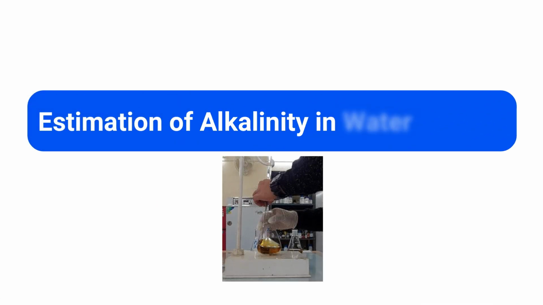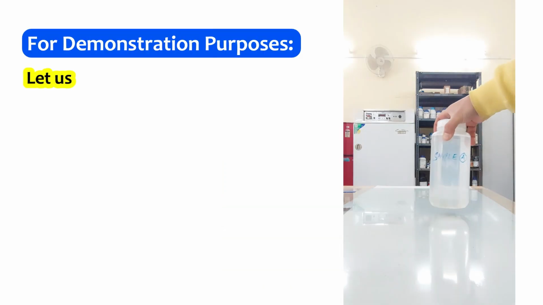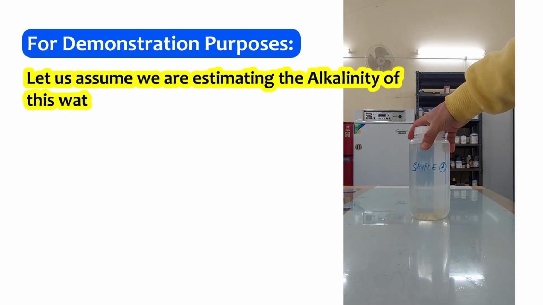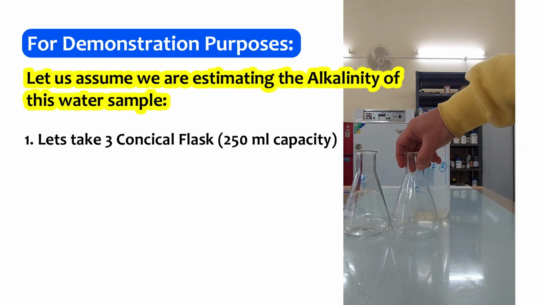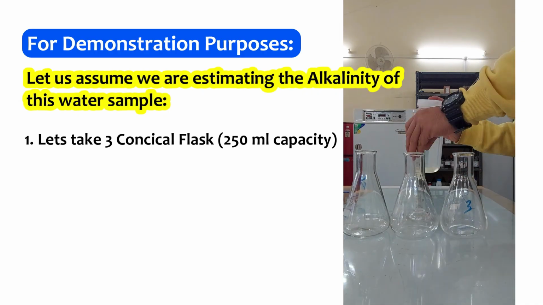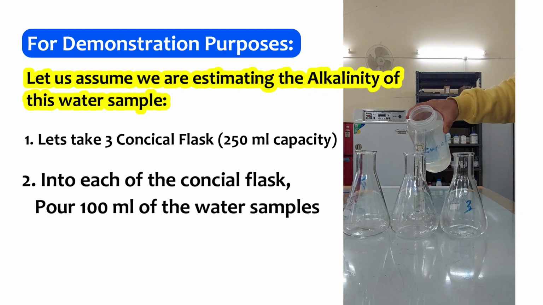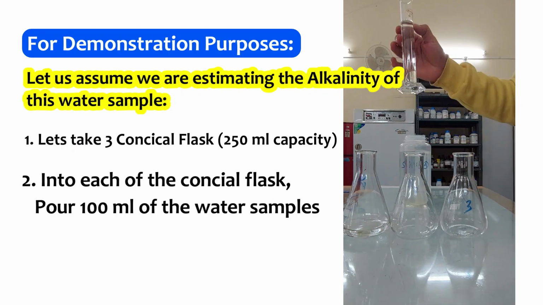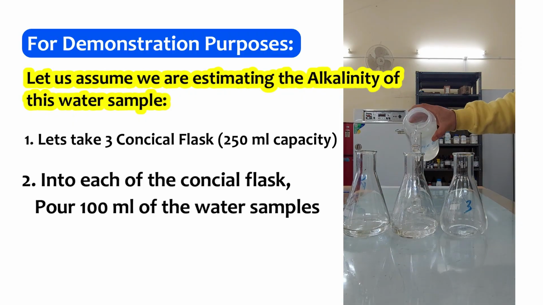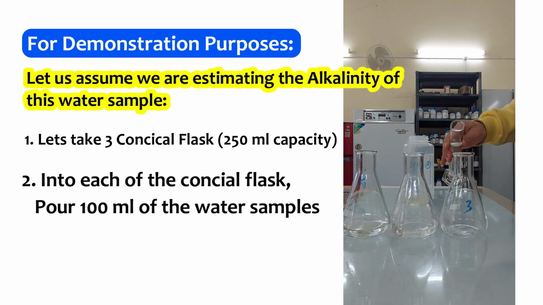Next, let's move on to stage number 4, that is the estimation of alkalinity in water samples. For easy understanding and for demonstration purposes, let us assume that we are estimating the alkalinity of these water samples. So let's take 3 conical flasks of 250 ml capacity, and into each of the conical flasks measure 100 ml of the water samples using a 100 ml measuring cylinder.